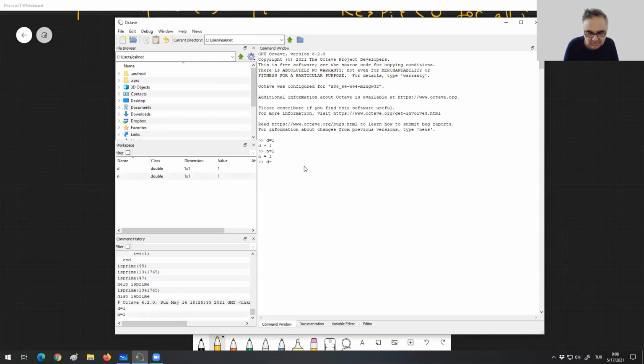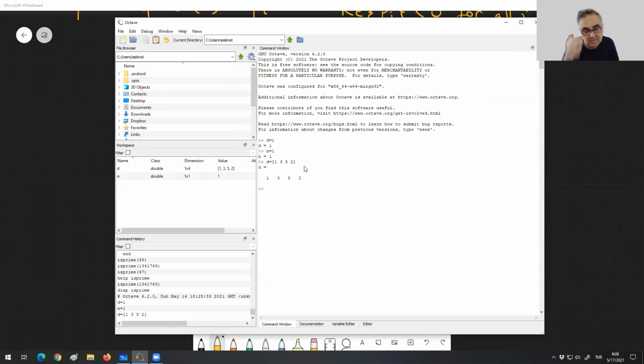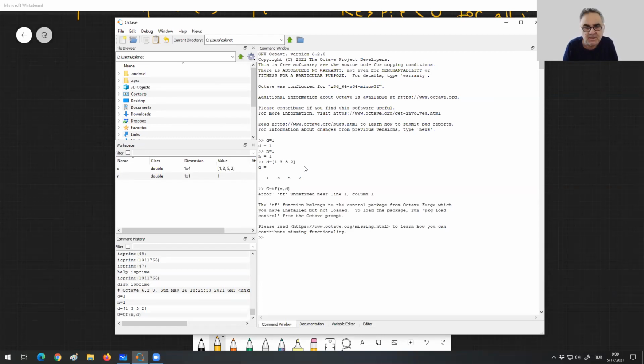Denominator is, let's say, 1, 3, 5, 2, let's say. G is the transfer function of N and D. I think we need to load this package, control.